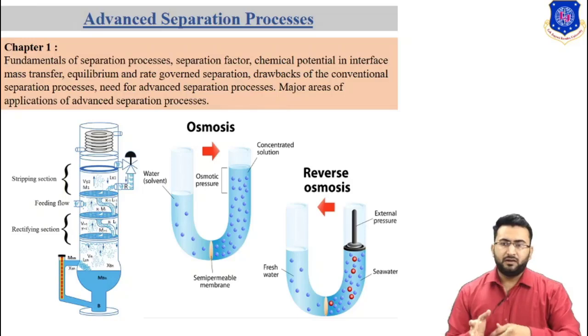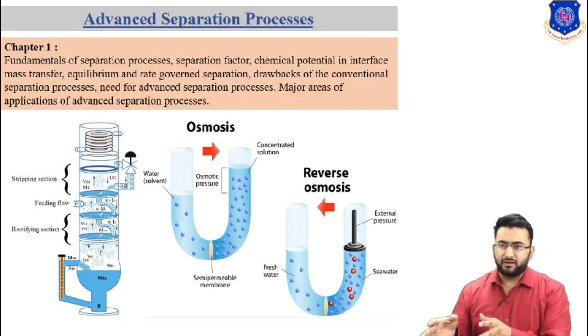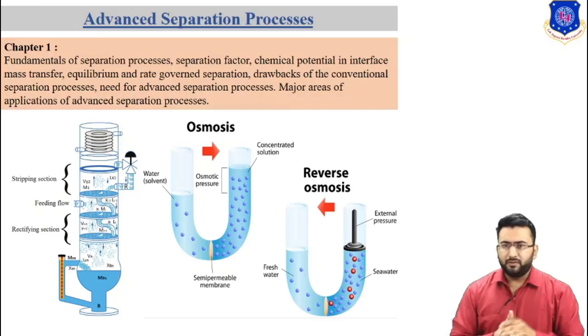Now we further have to separate components A and C. For that we have to use distillation. So liquid-liquid extraction and distillation are types of techniques in which equilibrium occurs and then separation becomes possible.